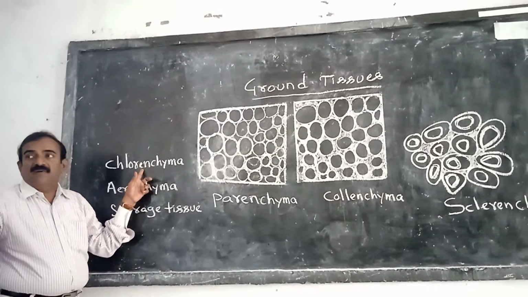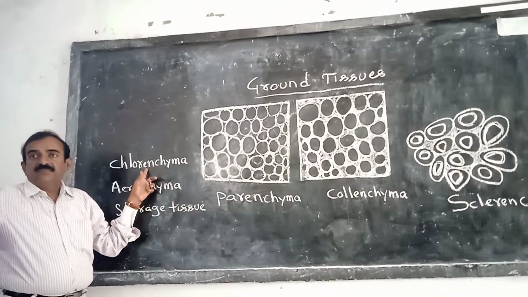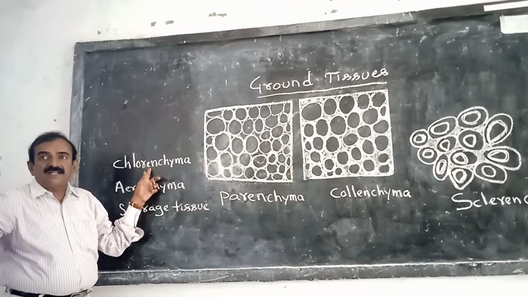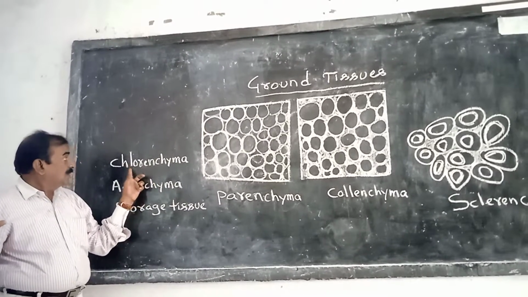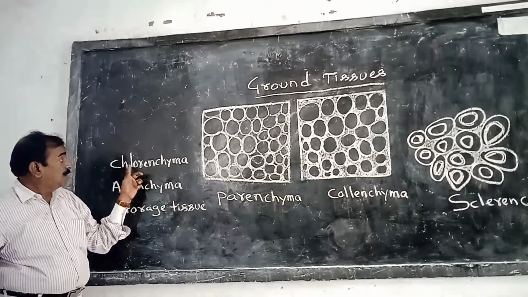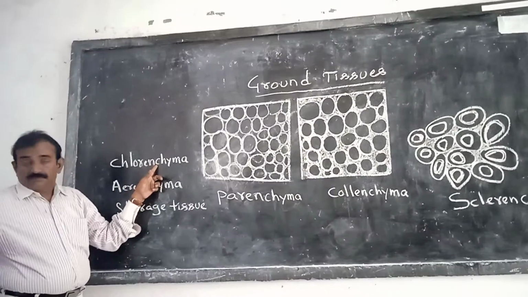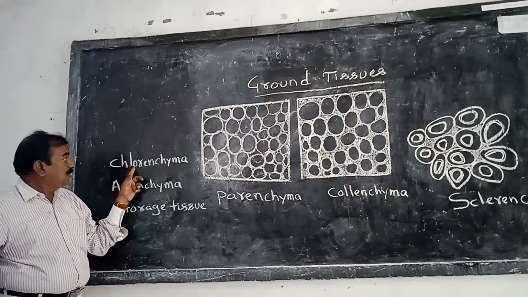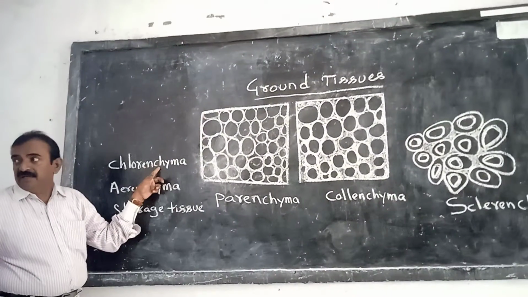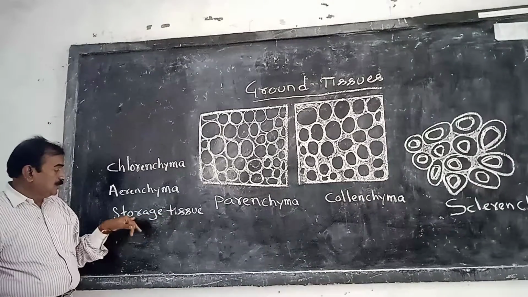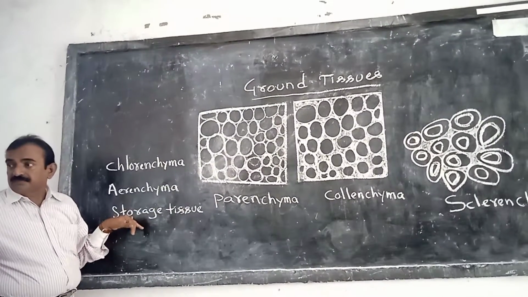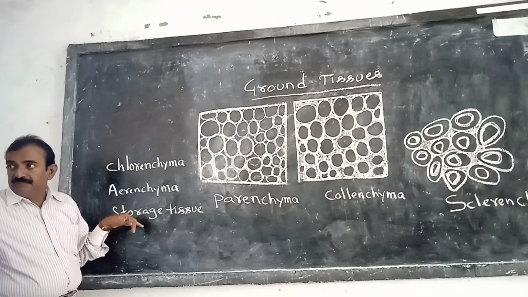Chlorenchyma tissue is having what? Chloroplast. Third is storage tissue, page number 18.